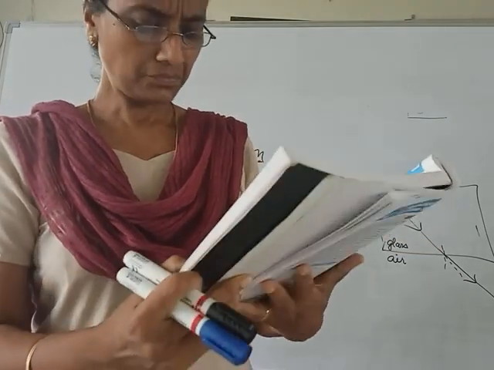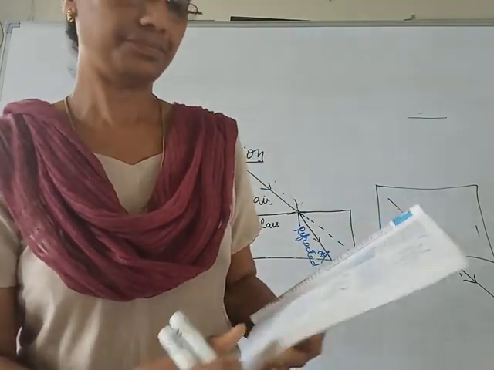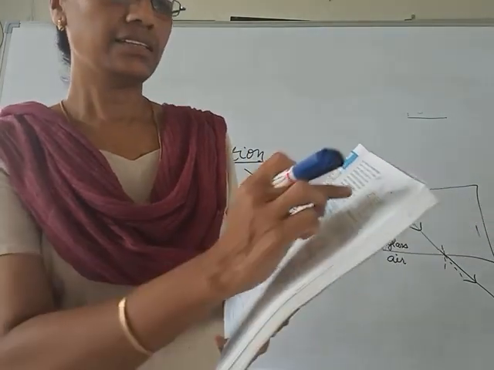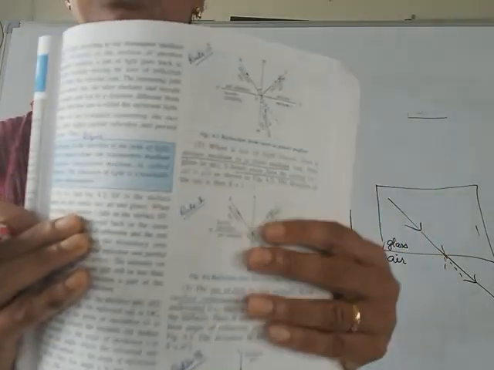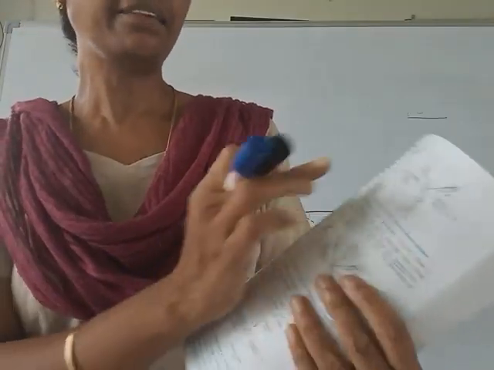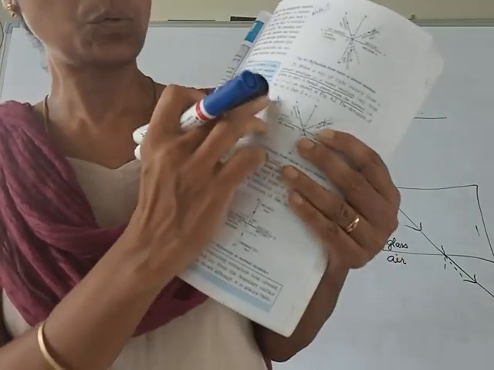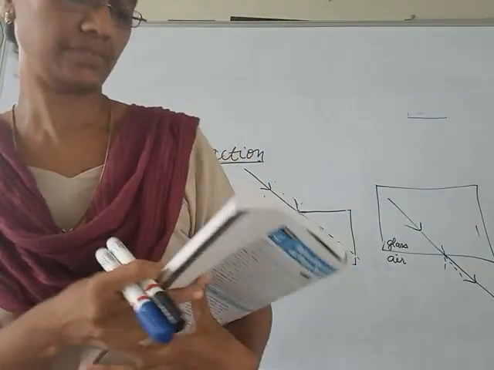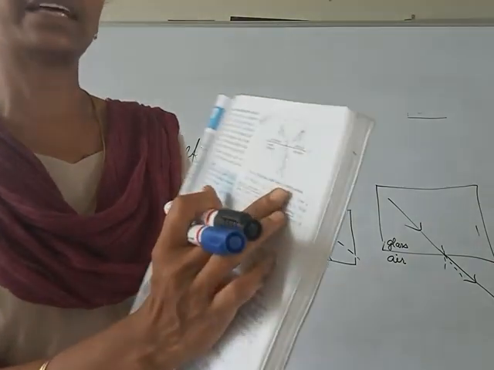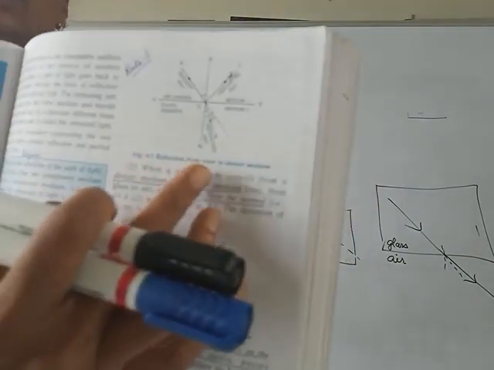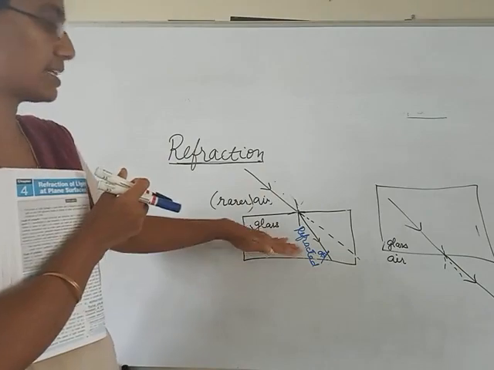Now, come to the right hand side. On the right hand side, there are three diagrams. I hope you are able to see the three diagrams. I have named them Rule 1, Rule 2 and Rule 3. Rule 1 is refraction from rarer to denser, when a light ray travels from rarer to denser, this case.